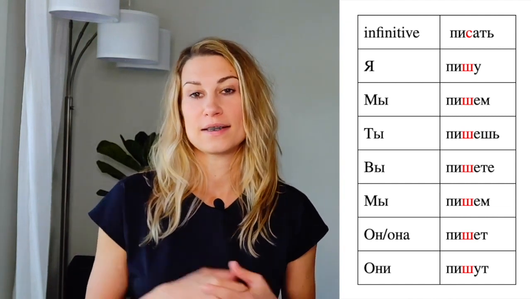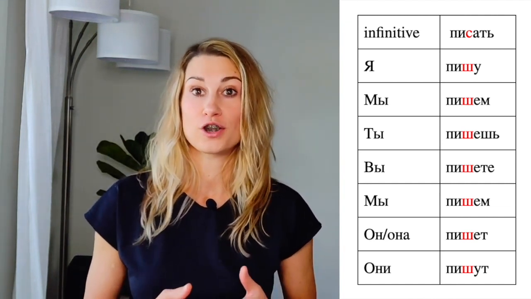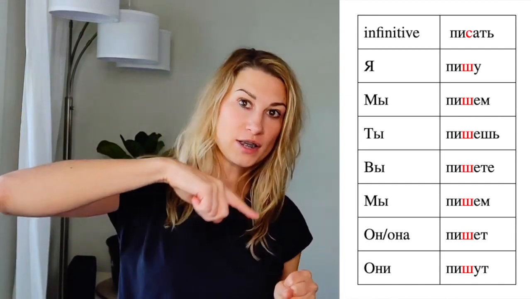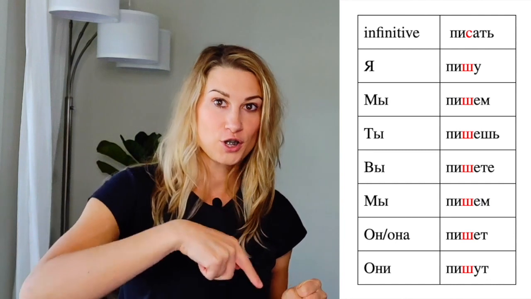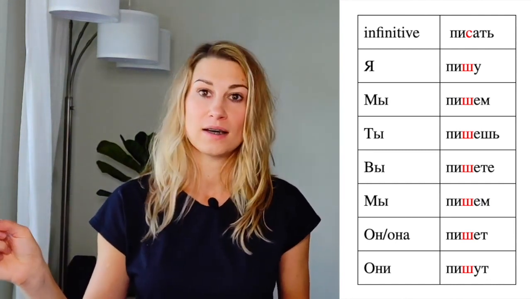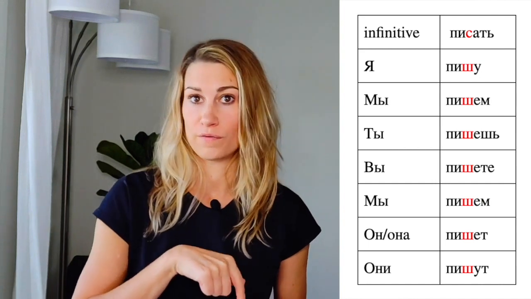Also, you can see that in the second scenario, the stress changed from пишу, again the ending, to пишет, and пишут. So from the ending, the stress changed to the middle of the verb.